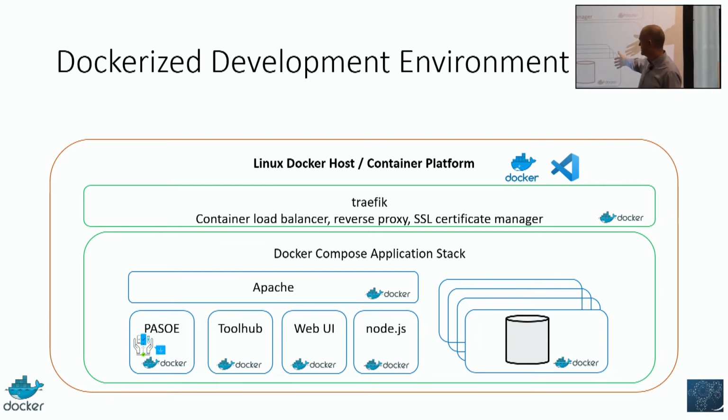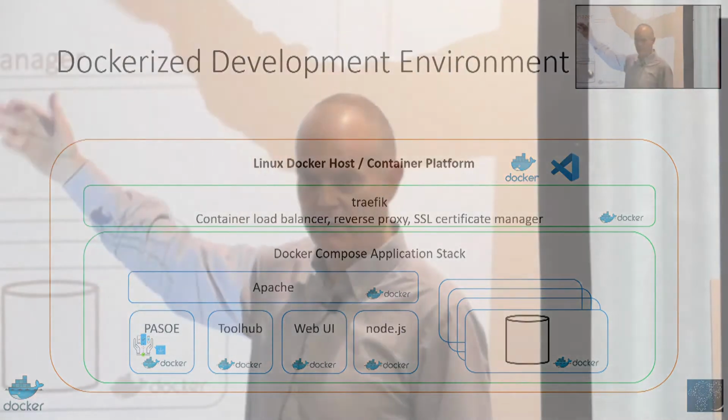We've got databases that are all here, all of these running within a container-based stack. And then we set up something like Traefik as a load balancer to serve these environments, all of this running on a Linux host that you can then access as an entire application stack from a web browser.